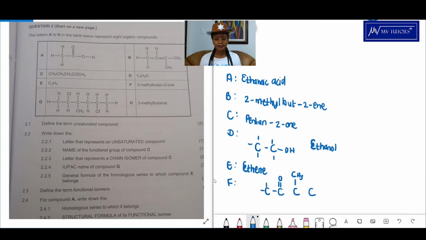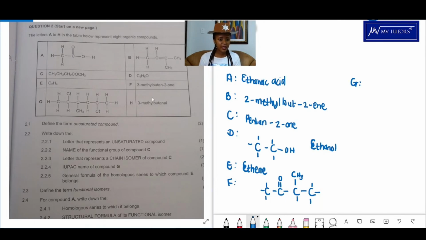If I just draw lines, I'm not gonna draw the hydrogen atoms, guys. It's gonna take forever. Okay, so yeah, 3 methyl butane 2 one. Okay, cool. And then G, I'm just gonna put it up here.